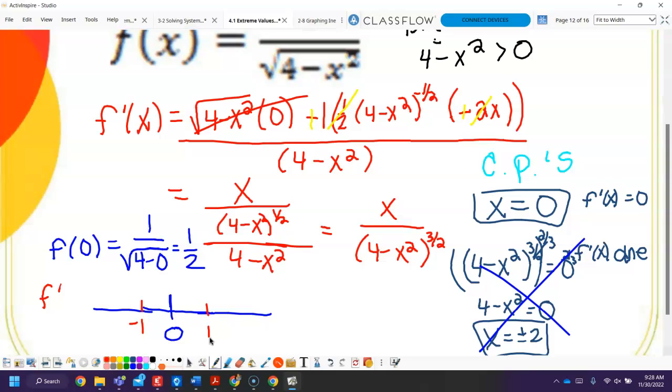If the numerator is negative, then the graph is negative. If the numerator is positive, then the graph is positive. So this graph is decreasing, then increasing. So 0 is what type of extrema? 0 is a min, because it goes from decrease to increase.